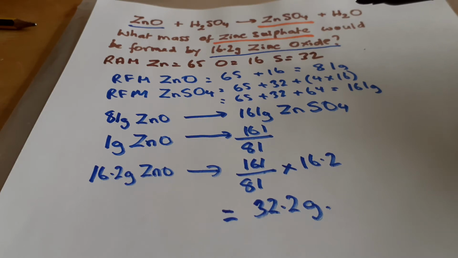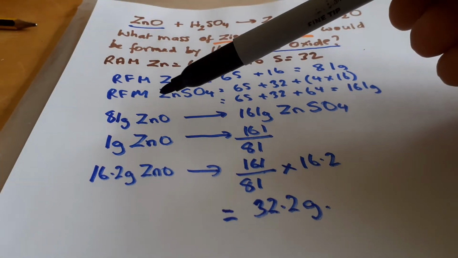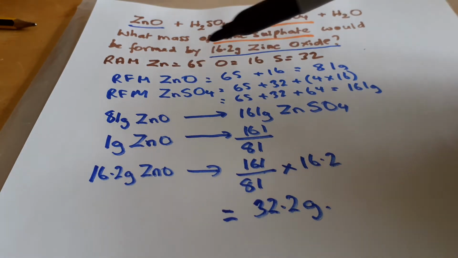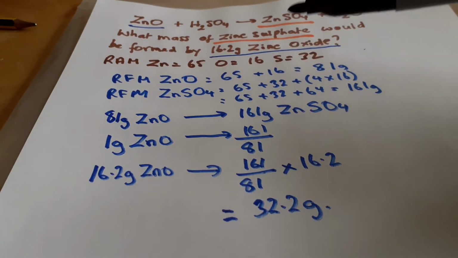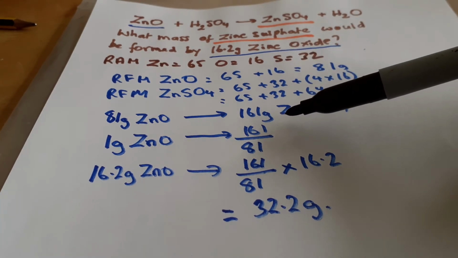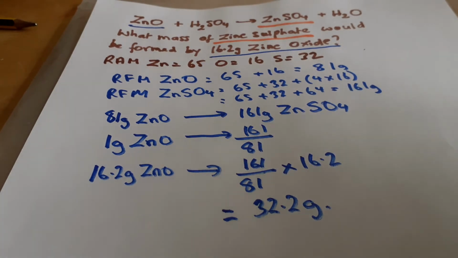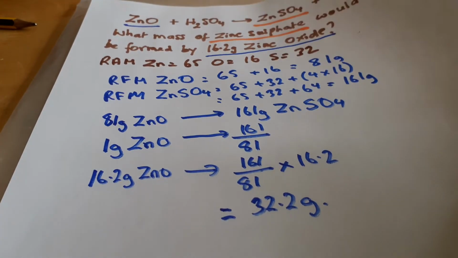As it's 1:1, it means that 81 grams of zinc oxide will form 161 grams of zinc sulfate. Then work out what 1 gram will form. And finally work out how much will be formed by the mass you are using.